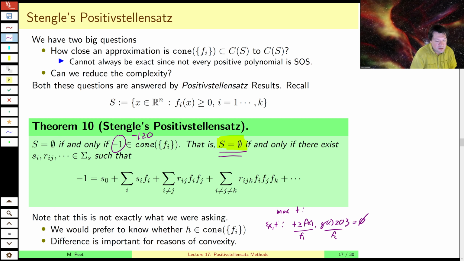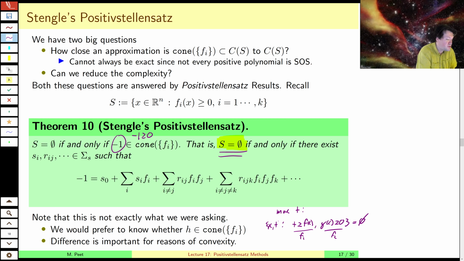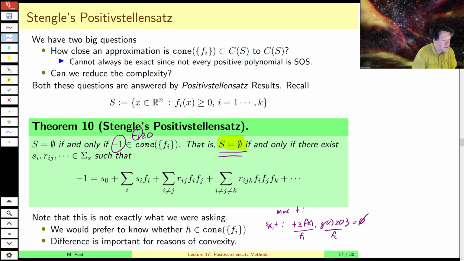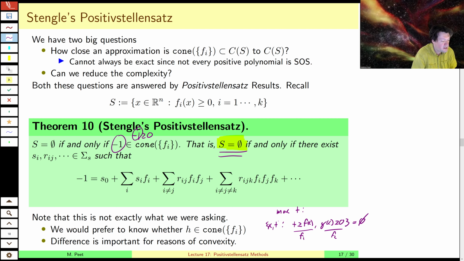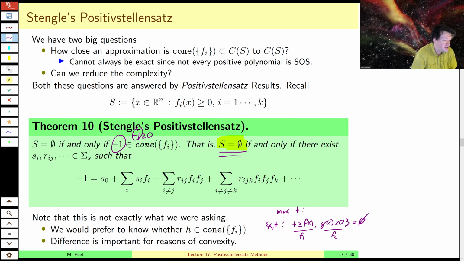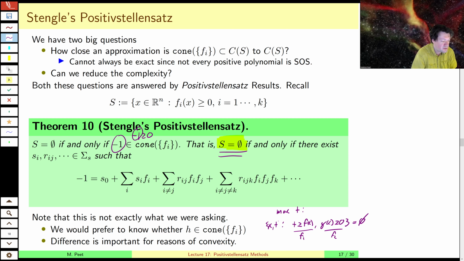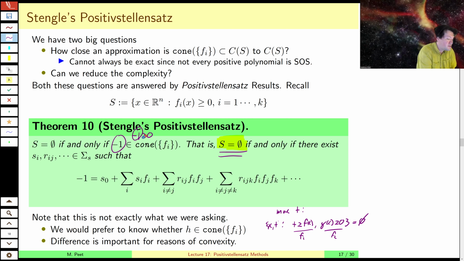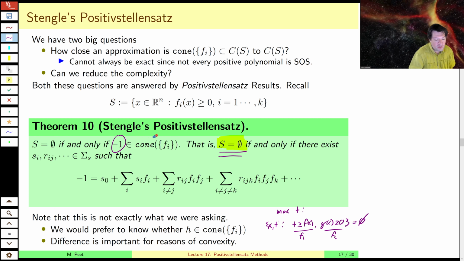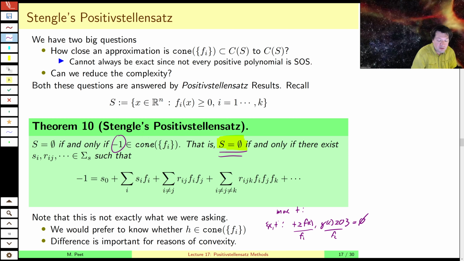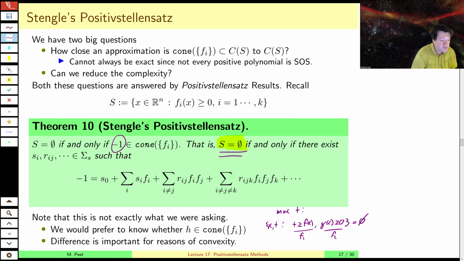Right? So if you try and show that -1 is a valid inequality on that set, and if it is, it's obviously false, because -1 can't be greater than or equal to 0. So it's a way of showing that a set is empty by showing that the logical conclusion of the existence of a point in that set is that -1 is greater than or equal to 0.